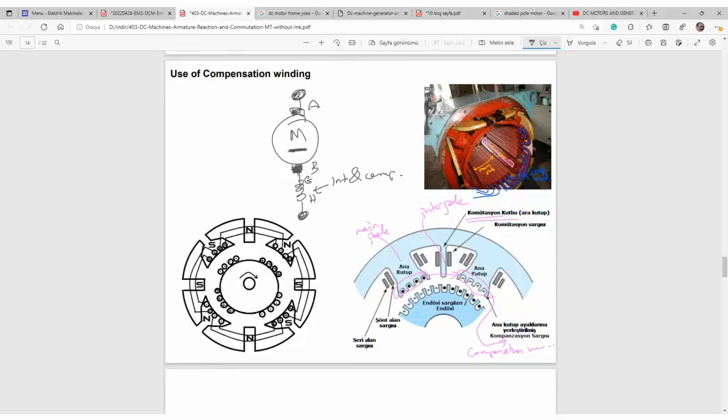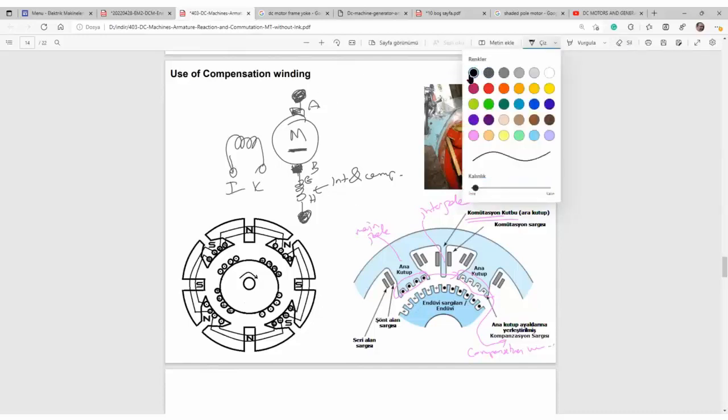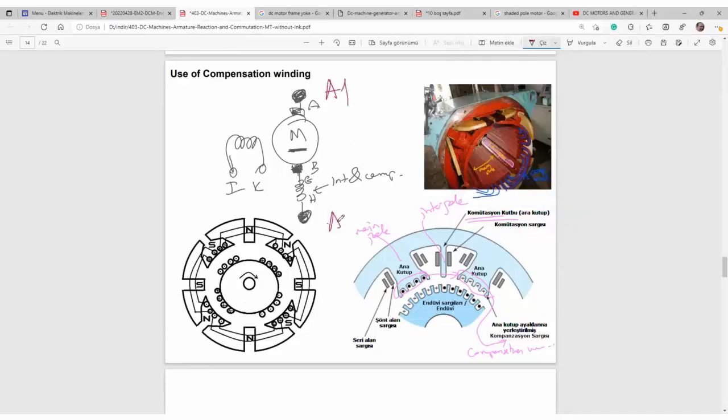Here are the two major terminals. Here is the field coil. Today, generally, we use those two, A1 and A2. The compensation and interpole windings are connected in series together with the armature, and then finally we get the final terminals here.